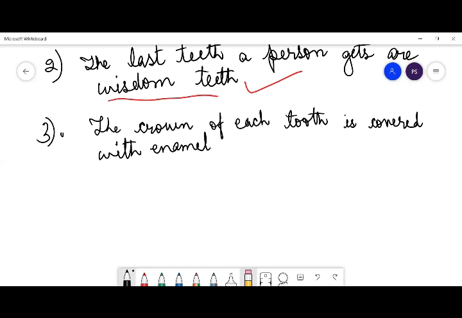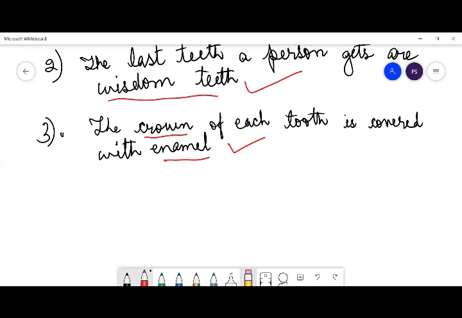Now you have to tell whether this statement is right or wrong. As you remember, when we studied parts of a tooth, the crown is the part that can be viewed from outside, and it is white in color, and a hard and strong substance which covers the crown is the enamel. So do you remember, is it right or wrong? It is a right statement.